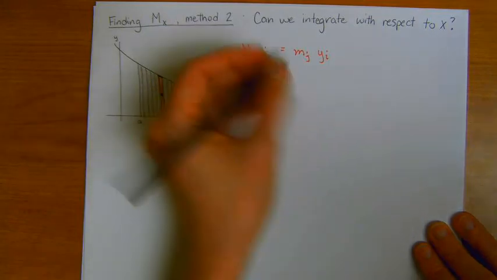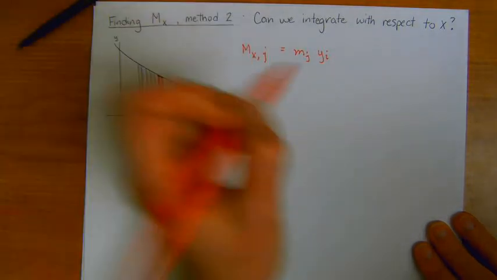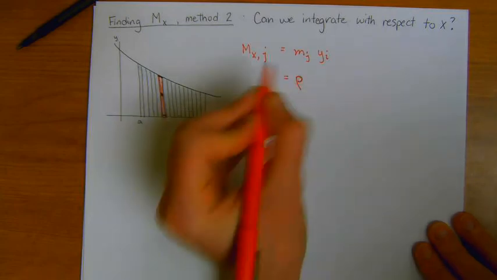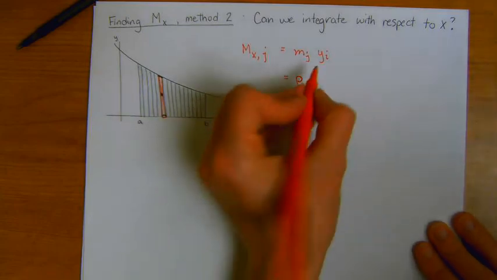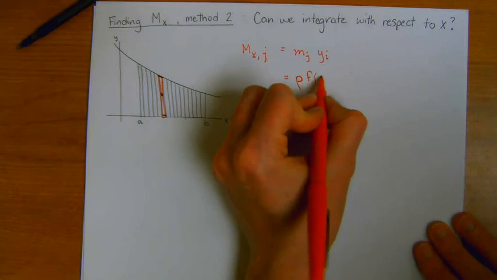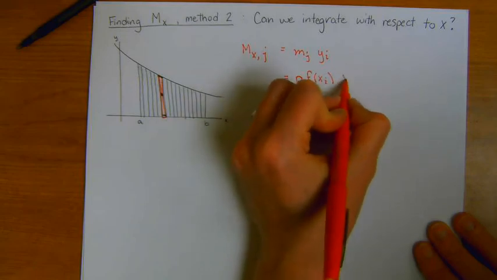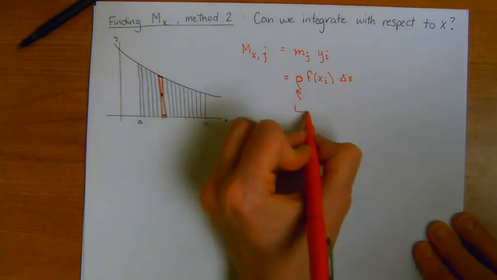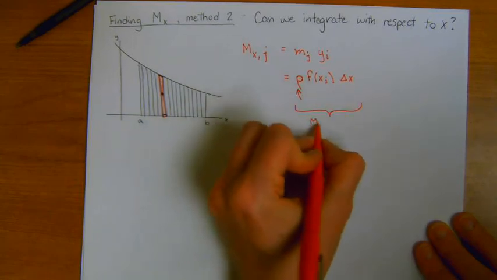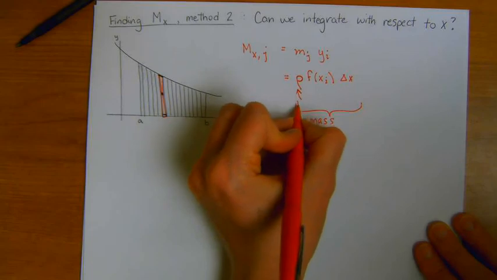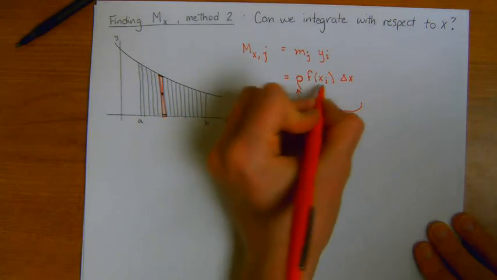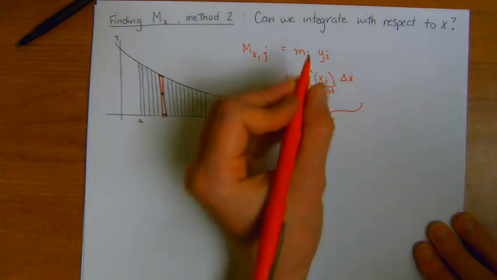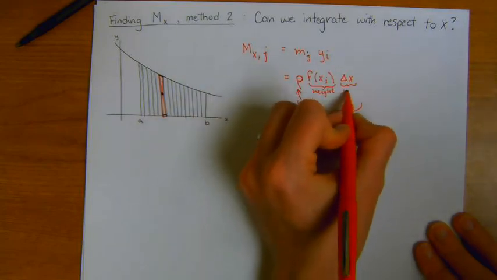So that means that this formula can be given by the mass, which is the density of the strip times the height of the strip times the width of the strip. So this is all the mass. This is density. This is height. And this is width.